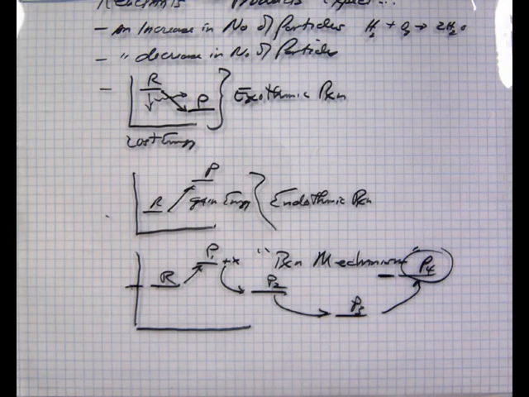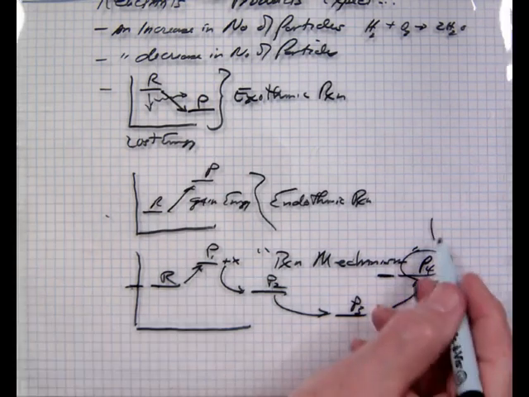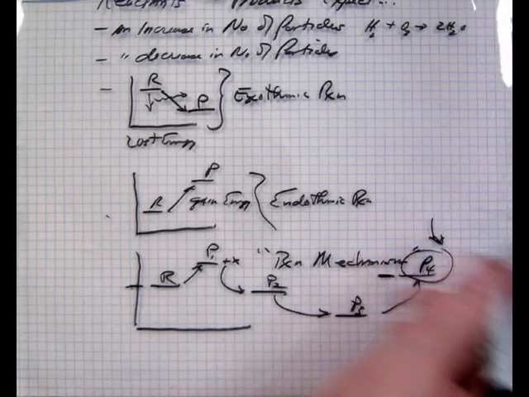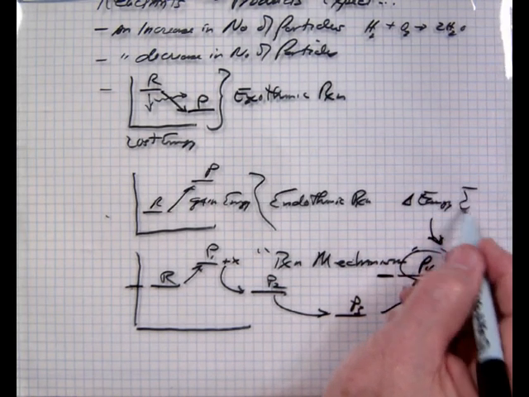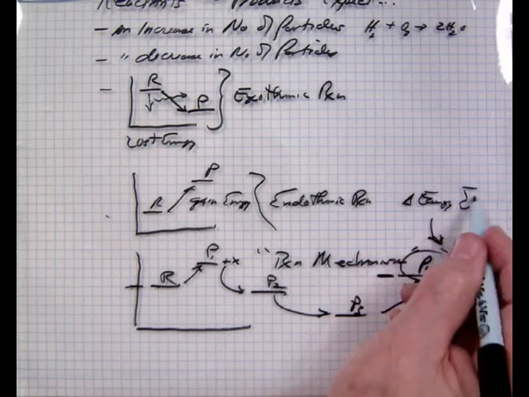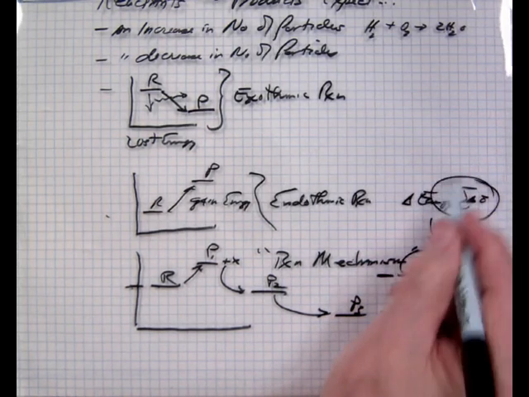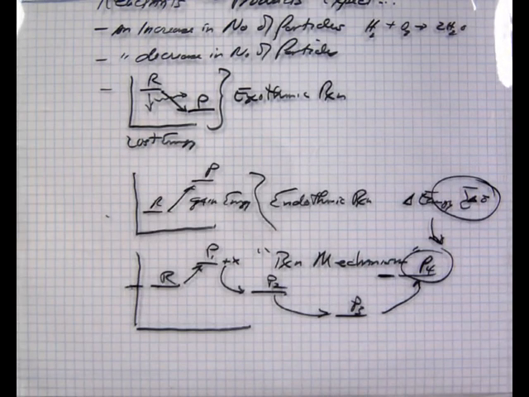You take into account that 0 on the end, or whatever the energy, the total change in energy is the sum of all the delta E's that the process goes through. It just happens to wind up back at the same level. But every process has an energy change.